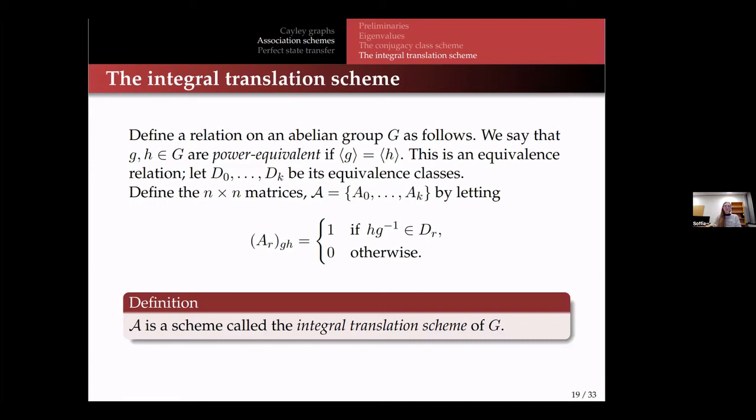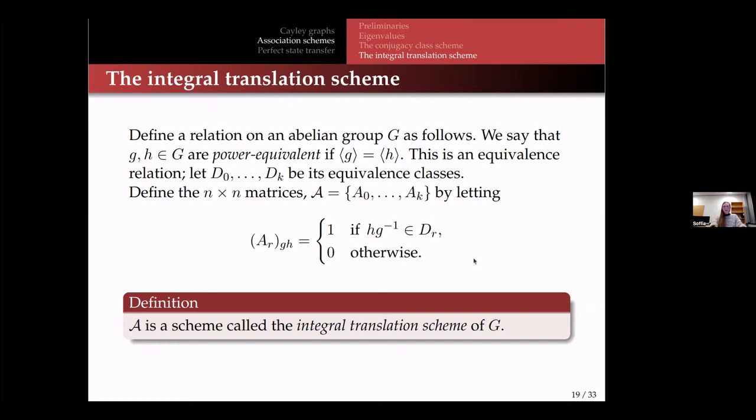And again, I want to point out that the matrix AR is the adjacency matrix of the Cayley graph of G that has DR as its connection set.